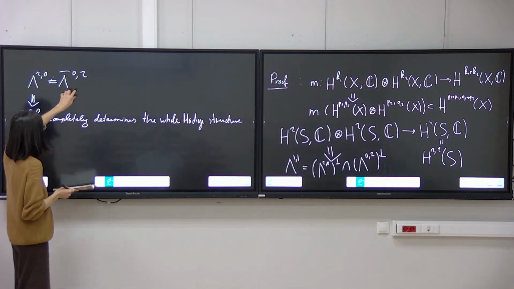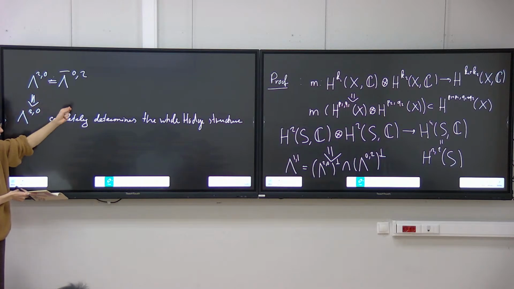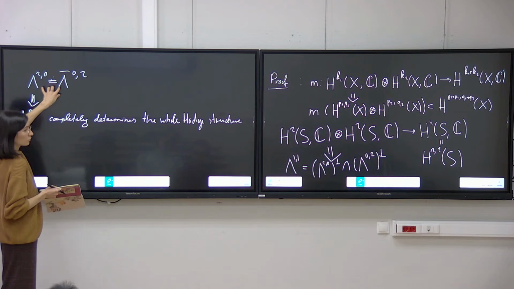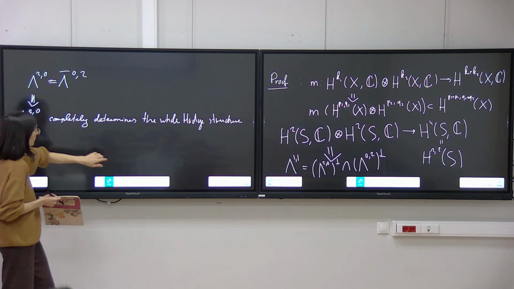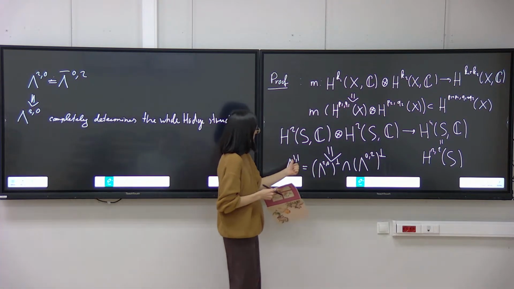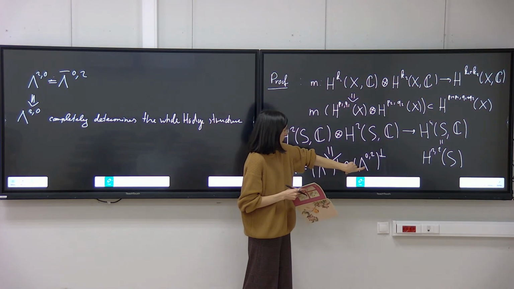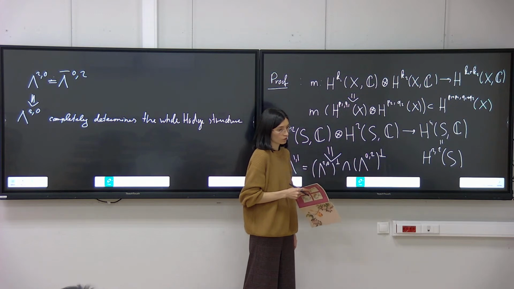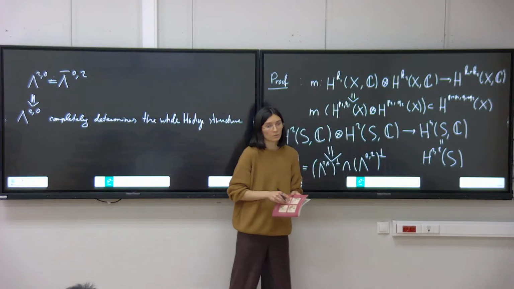And I claim that it is completely determined by just one vector, because (0,2) is just conjugated to this vector, and this part (1,1) is an intersection of its orthogonals. Okay, we have already discussed what the intersection form on a K3 surface is.